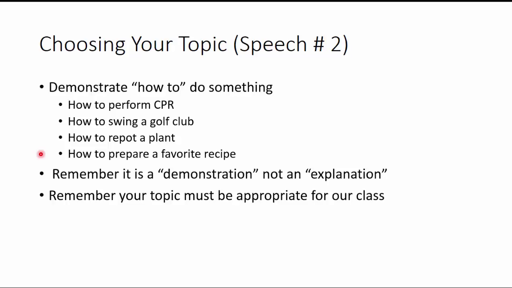So what you'll want to do is prepare it in advance at home, and then you'll prepare it again as you demonstrate it. That means you've got to buy 2 of everything, and if that's a little bit expensive, maybe you're preparing a dish that has some expensive ingredients, it is fine to kind of fake it in class.